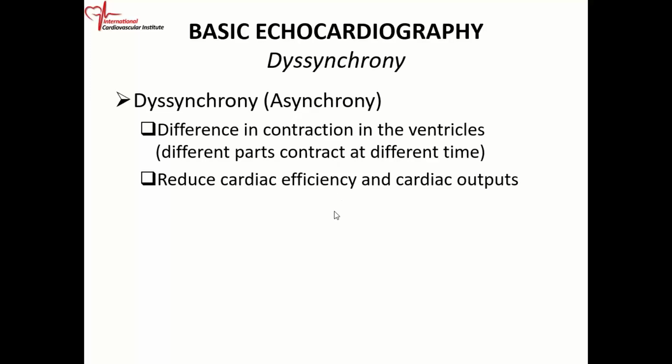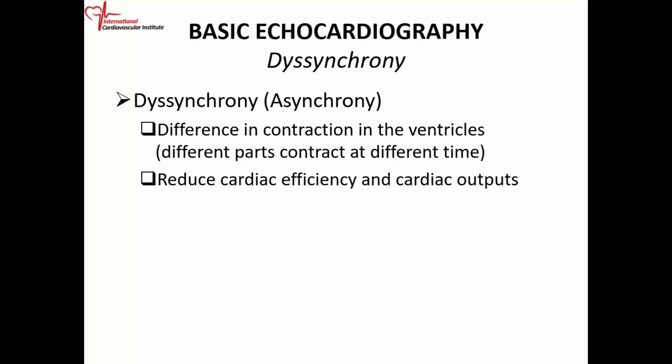A very common patient who is going to have dyssynchrony is someone with a left bundle branch block. If someone has a left bundle branch block on the ECG, that person is going to have significant dyssynchrony because the septum and the posterior wall are going to contract at different times.